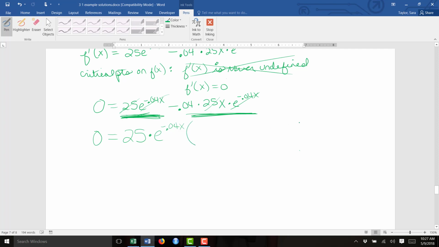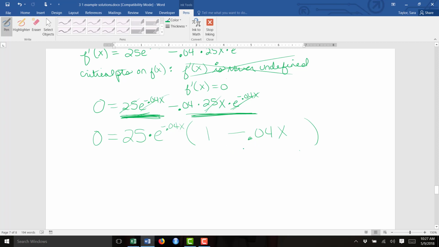Then we write our parentheses because we're factoring that out front. The first term I've factored out everything, so all that leaves in the first term is 1. In the second term, I've factored out the 25 and the e to the negative 0.04x, so that leaves the minus 0.04 times x. So now I have written our f prime function in factored form.